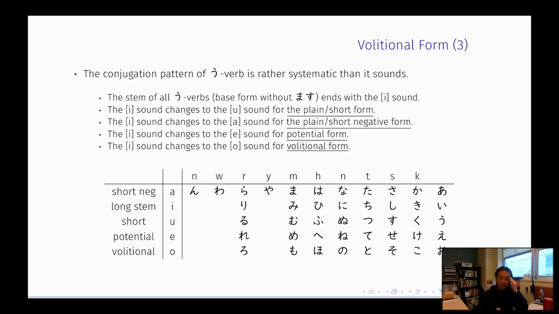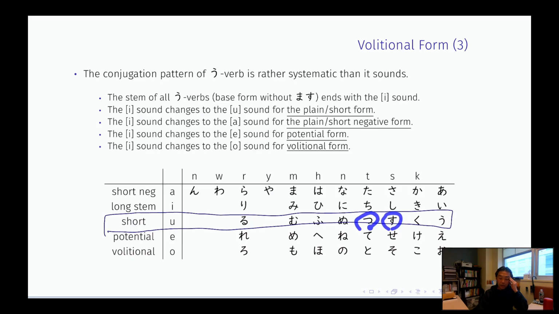So again, if it's a verb, the short form always ends with u sound. So this line is reserved for short form. For example, 会う、書く、話す、待つ、死ぬ、遊ぶ、読む、帰る。So this line is always a short form of verb.